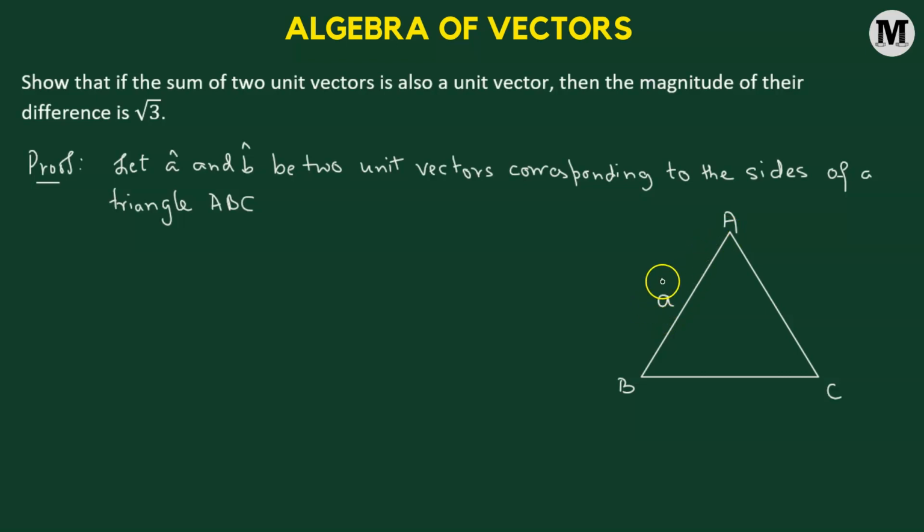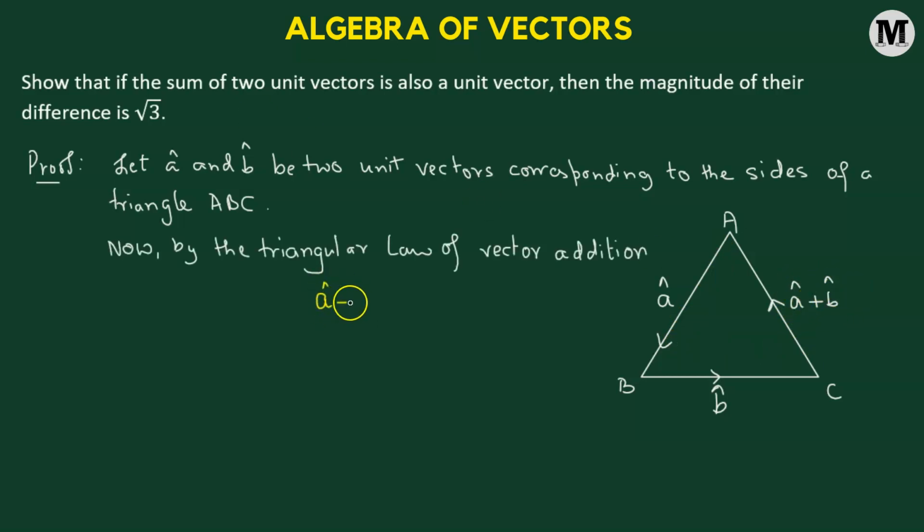Let's consider AB to be representing a cap, with the direction going from A to B, and b cap to be the unit vector corresponding to the side BC of the same triangle ABC. By the triangle law of vector addition, the CA vector is going to be the sum of the A vector and the B vector. So that means this is going to be a cap plus b cap. This is going to be the side CA vector.